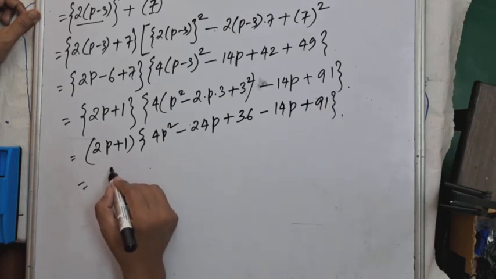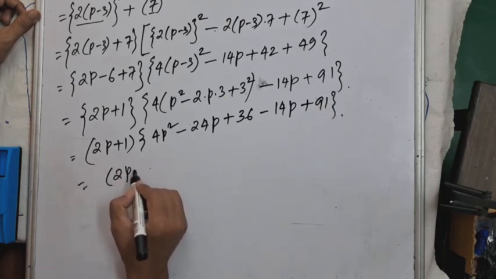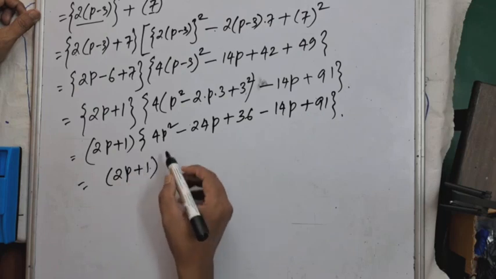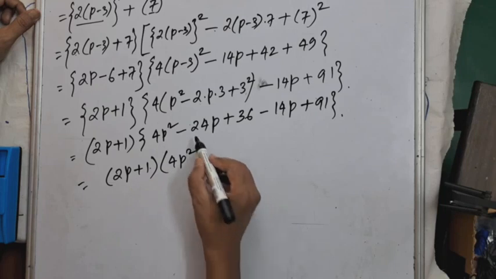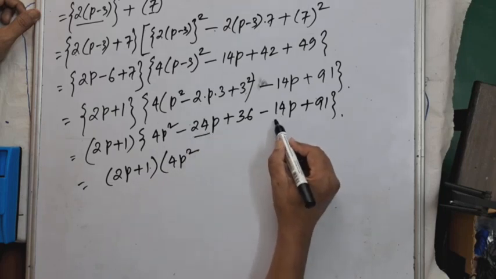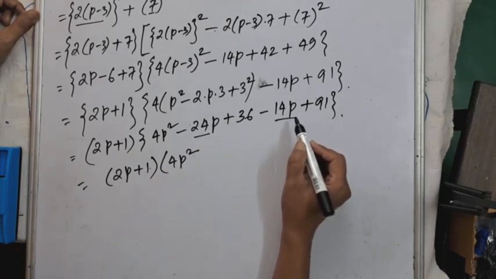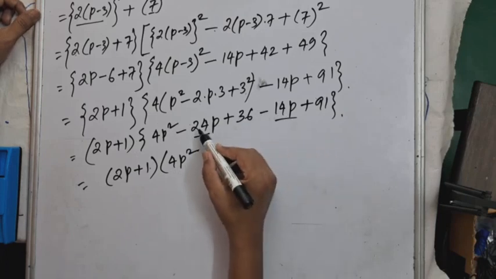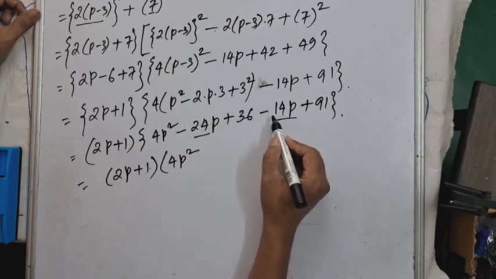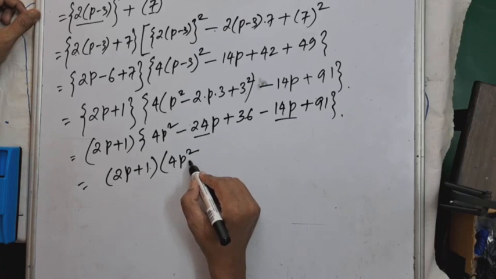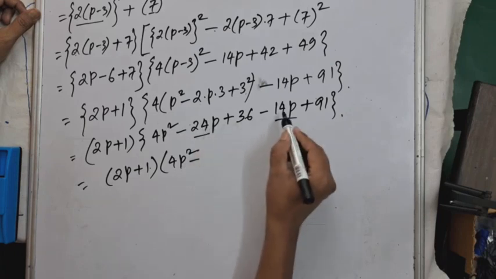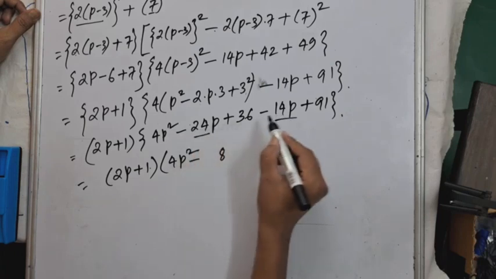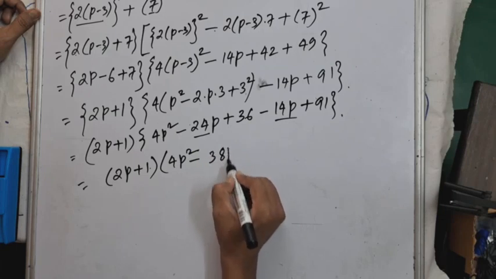This 2p plus 1 we copy as it is, 2p plus 1. After that, this 4p square we write as it is, 4p square. So we have minus 24p and minus 14p, same number, same sign, isn't it? So 24 and 14, we must add these two numbers. This will give us minus 38p.